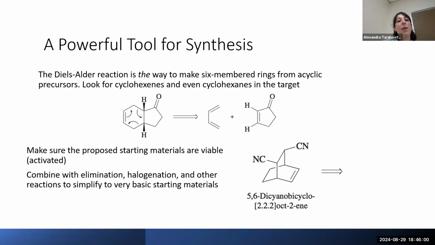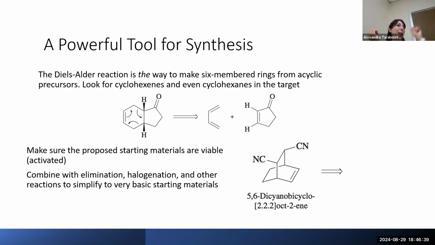You also can think about the reverse version of this, taking apart a six-membered ring into its diene and dienophile to think about what materials you would have had to start with to generate that particular ring. Notice that if we're talking about the product of a Diels-Alder reaction, very specifically, what does the product have to have in it? After you're done, what would you have?